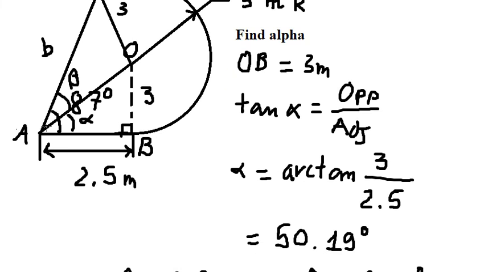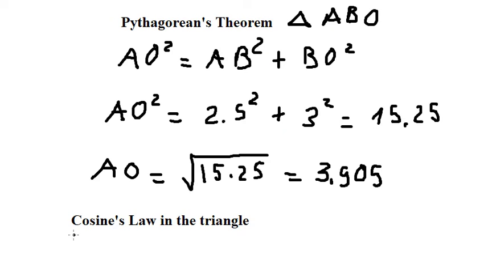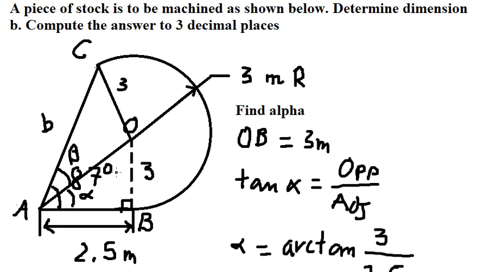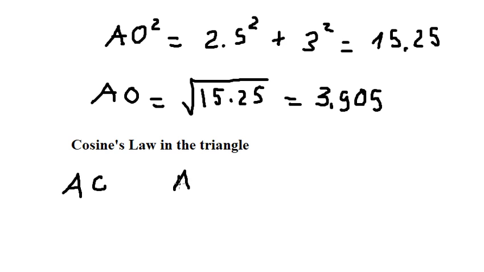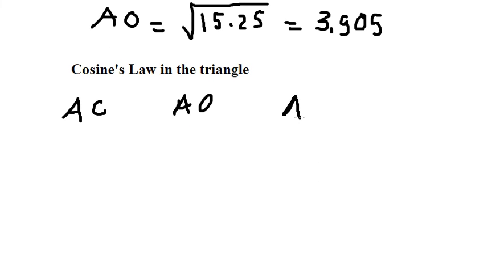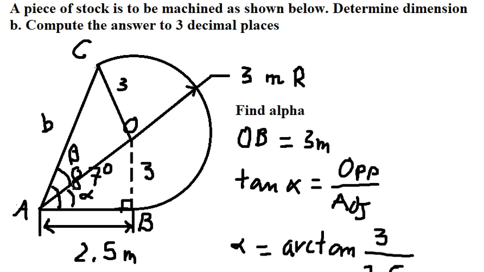In this one we have AC, and this one we have AO, and this one we have OC. So we have the angle beta in here.